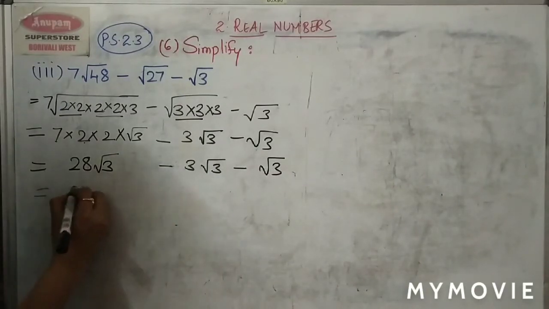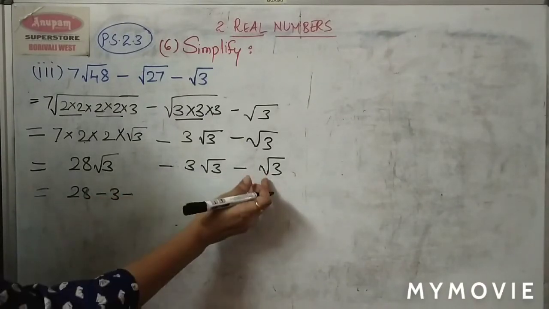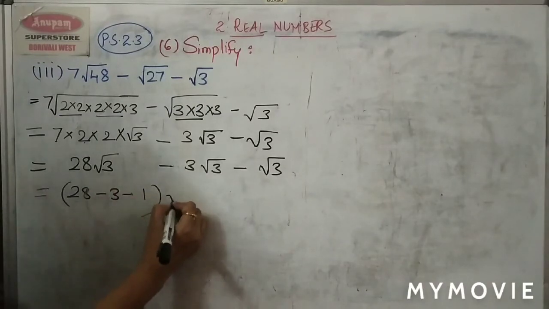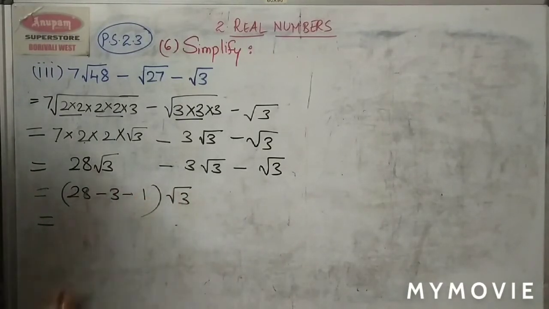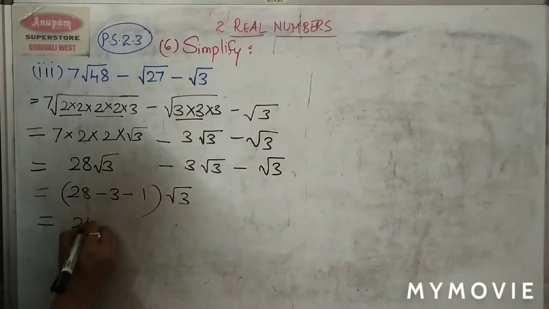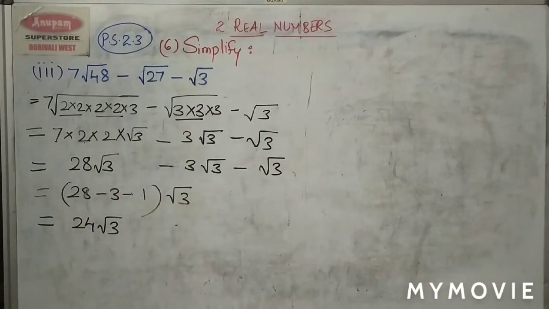So 28 minus 3 minus, there is no number here, that means there is 1, and outside the bracket you have root 3. So 28 minus 3 will be 25 and 25 minus 1 will be 24. So our final answer will be 24 root 3. And now let us check the fourth question.